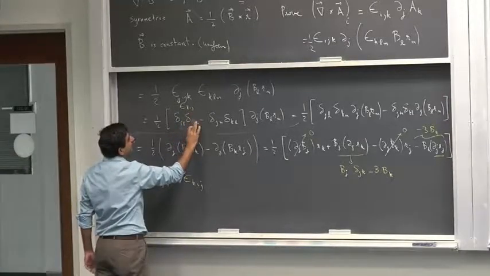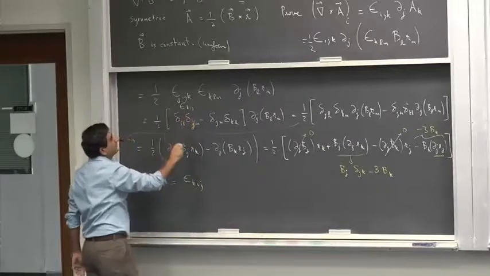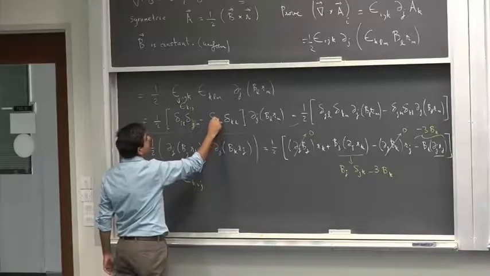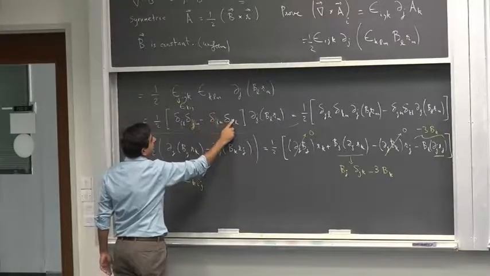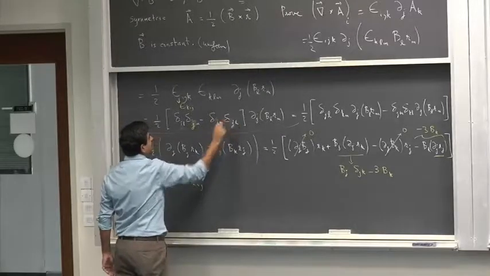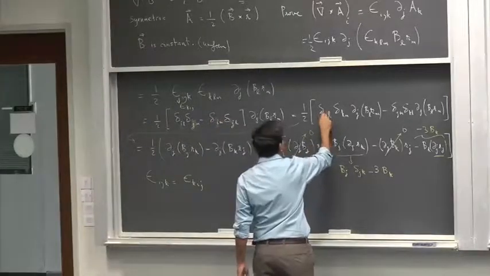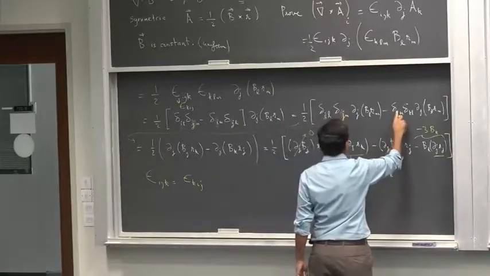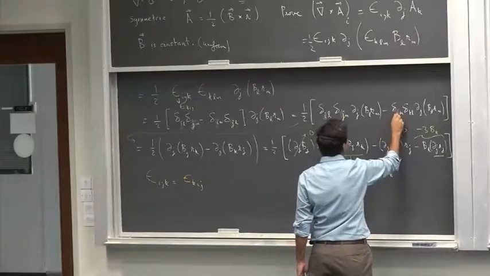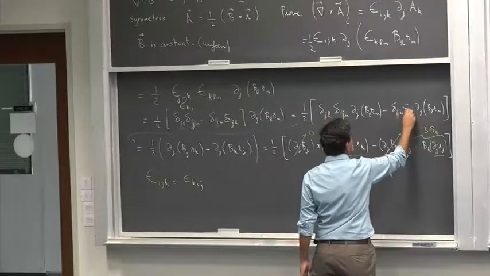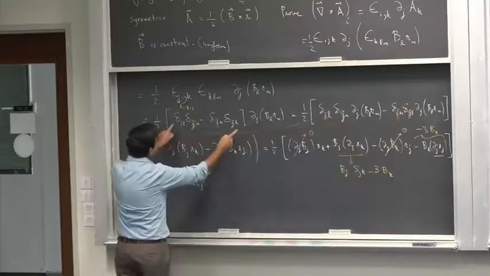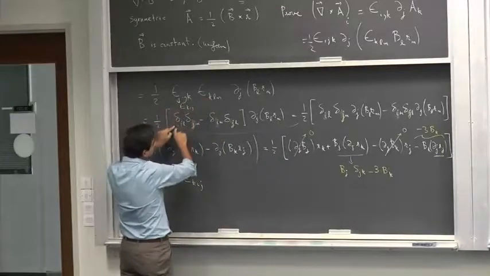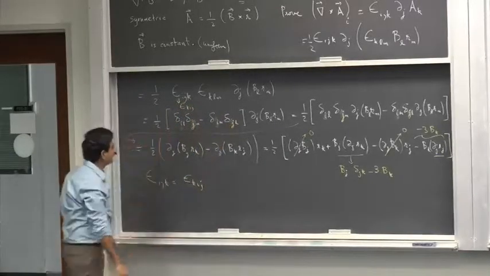So this becomes delta il delta jm minus delta im delta jl. Sorry about that. So this equals this thing. This multiplied by this equals this, it is an identity. Now I can apply my rules over here.